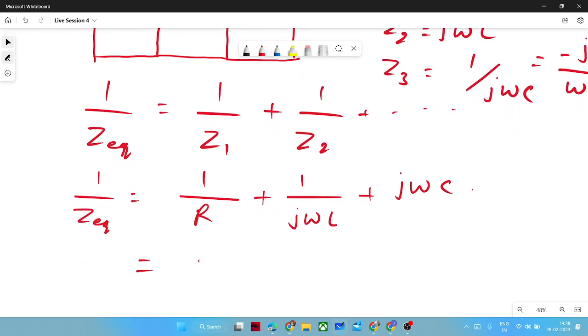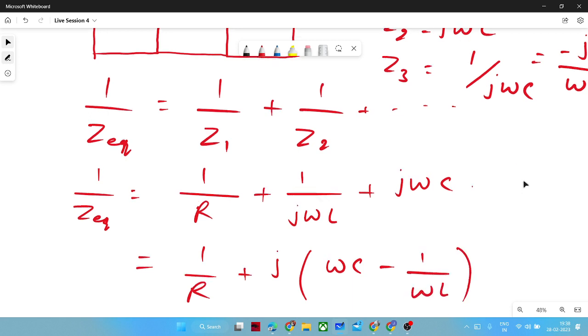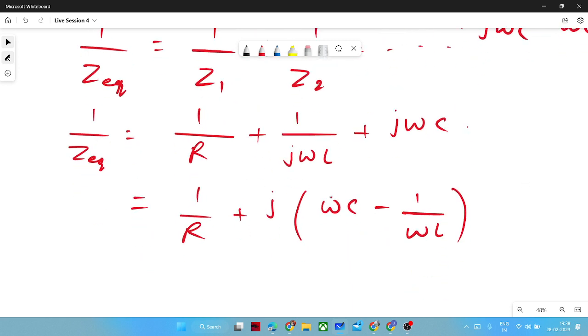So you have now 1 by R plus, again you take j common, so you will have omega C minus 1 by omega L. So the case has been reversed from your series case. Now your capacitive term will be in the numerator. This manipulation I did with the same approach: I multiplied j in numerator and denominator, and we land up to this value.